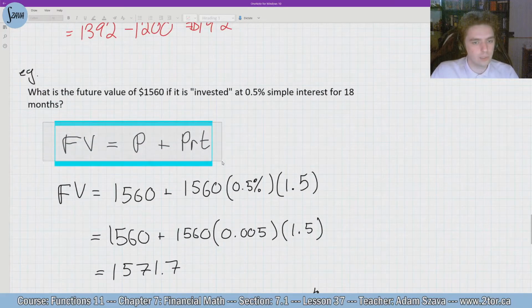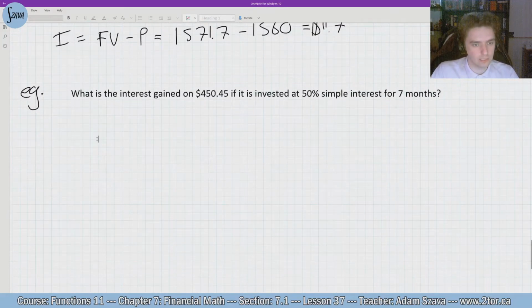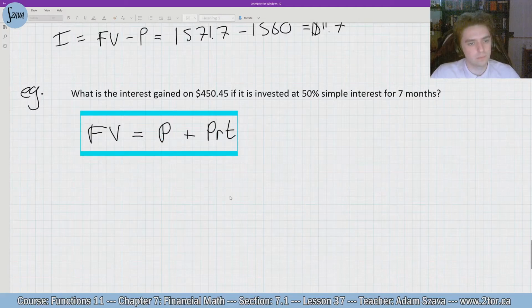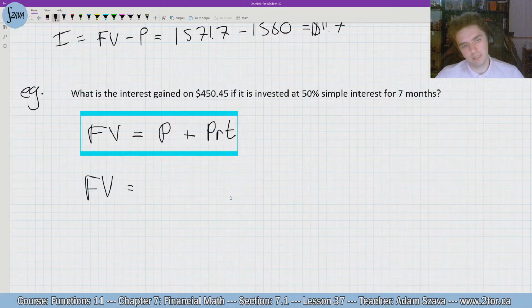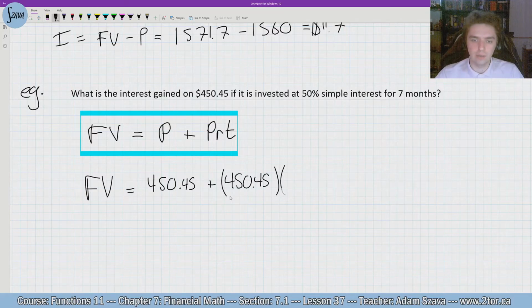So as always, when we're talking about simple interest, we use this formula. This is the formula to calculate the future value using simple interest. So the future value of this amount of money is 450.45 plus 450.45 times the annual rate, which is 50%, times the amount of years that have passed.